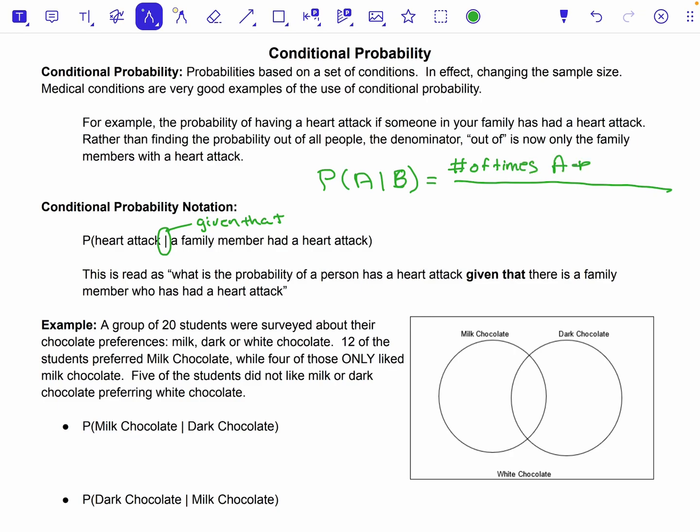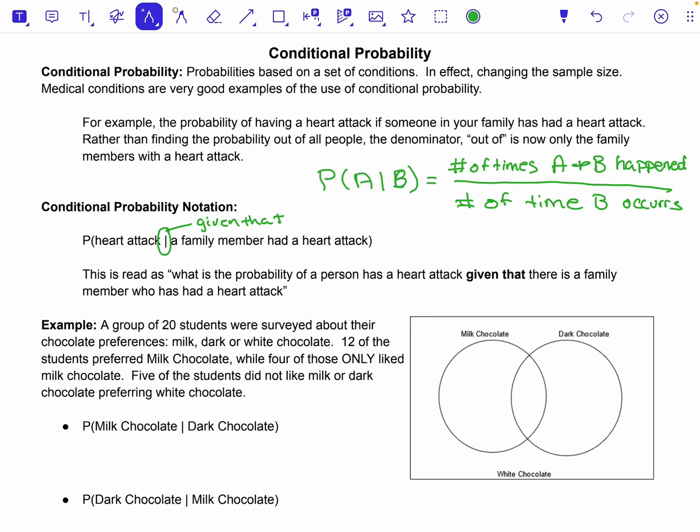But the difference is that it's given that event B happened. So my denominator isn't the total number of possible outcomes in the world. It's instead the number of times B alone occurs. So that's my way of thinking about it.